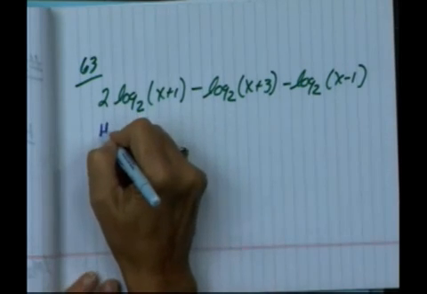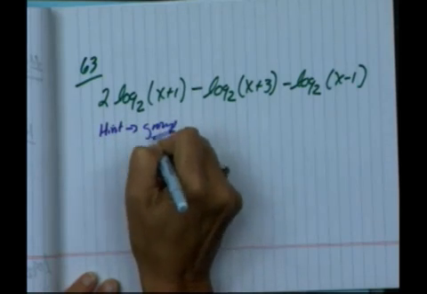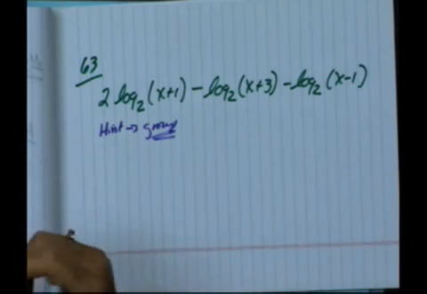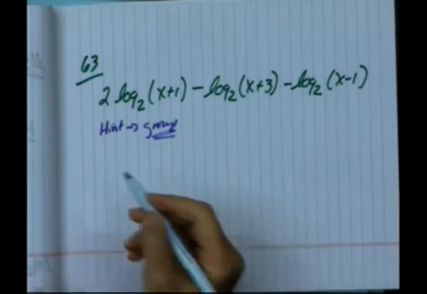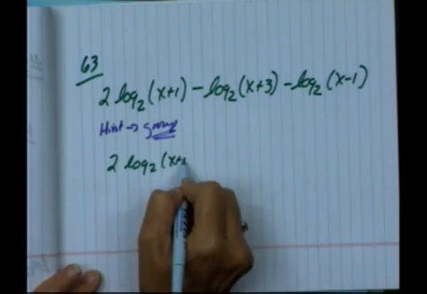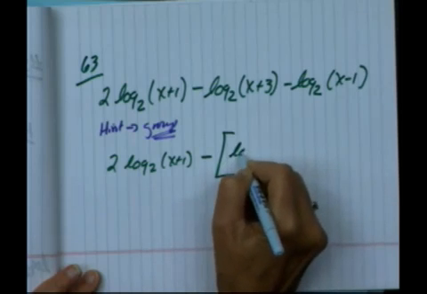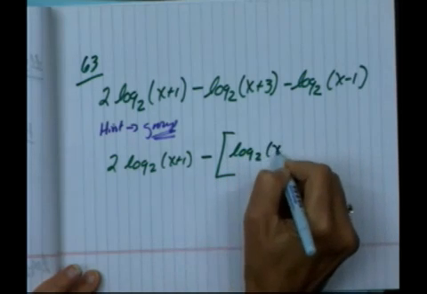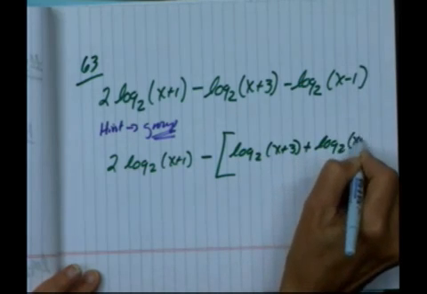And if you recall my hint, you want to be sure to group all the positives together and all the negatives together. All right, so we have 2 log to the base 2 of x plus 1. And now let's factor out that negative: log to the base 2 of x plus 3 plus log to the base 2 of x minus 1.